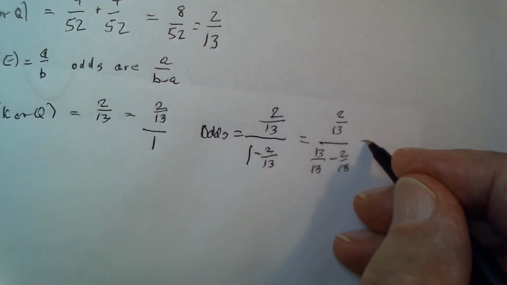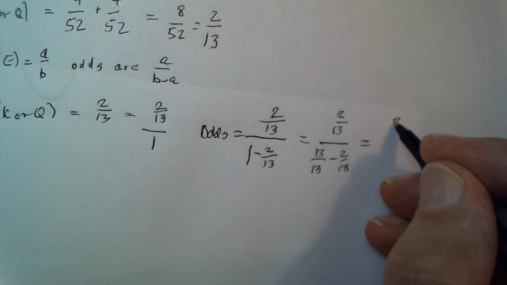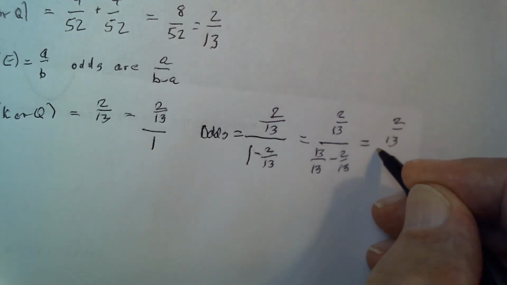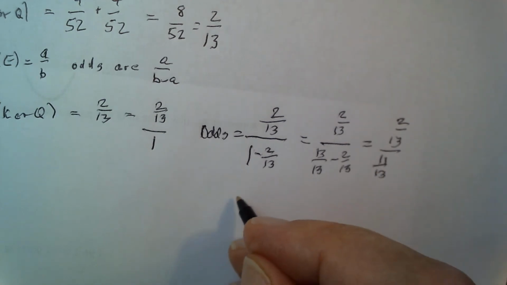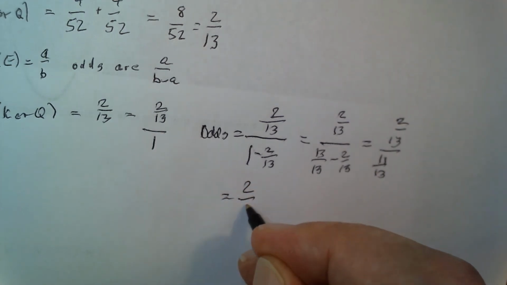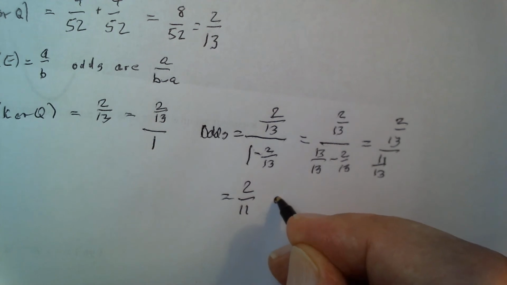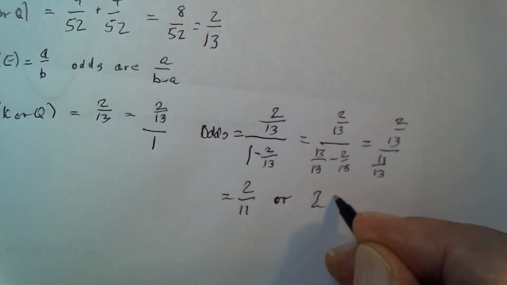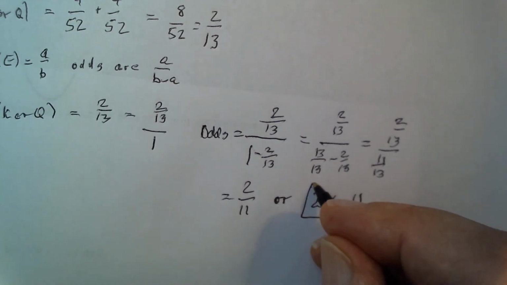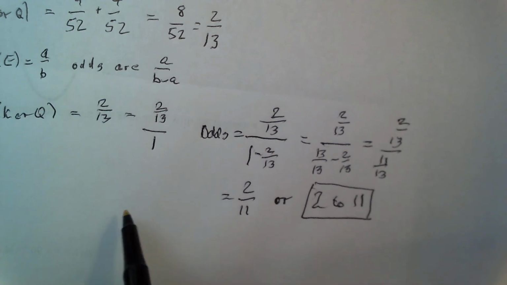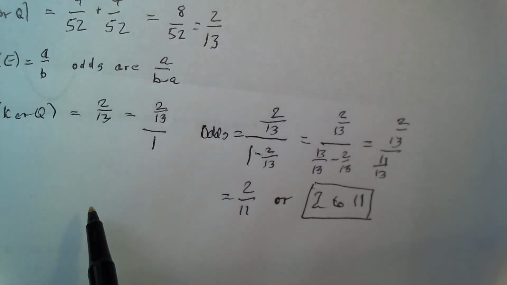So that then turns out to be 2 divided by 13 divided by 11 divided by 13. So there would be 2 divided by 11, or typically we write the odds as 2 to 11. So that is the odds for this event to occur, selecting a king or a queen from a standard deck of 52 cards.